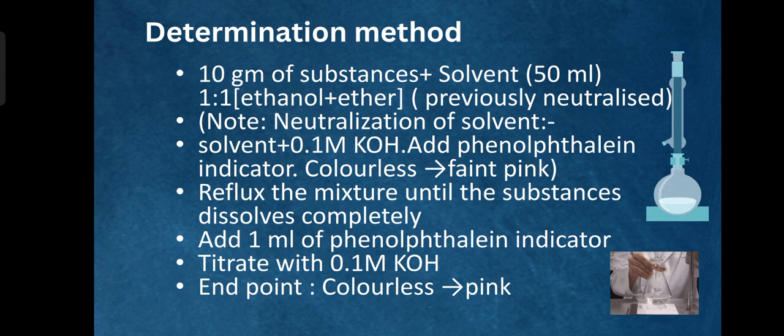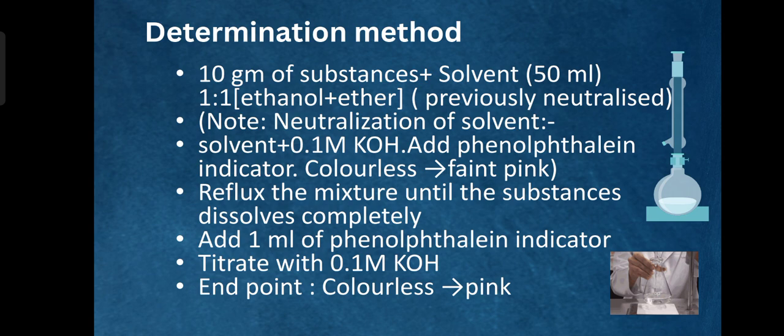Now this solvent is a mixture of 1:1 ratio ethanol and ether, which should be previously neutralized. So here 50 ml means we have to take 25 ml of ethanol and 25 ml of ether to make 50 ml of solvent.